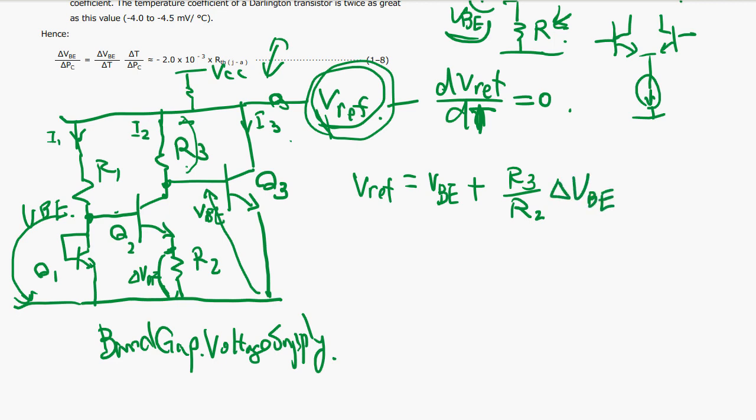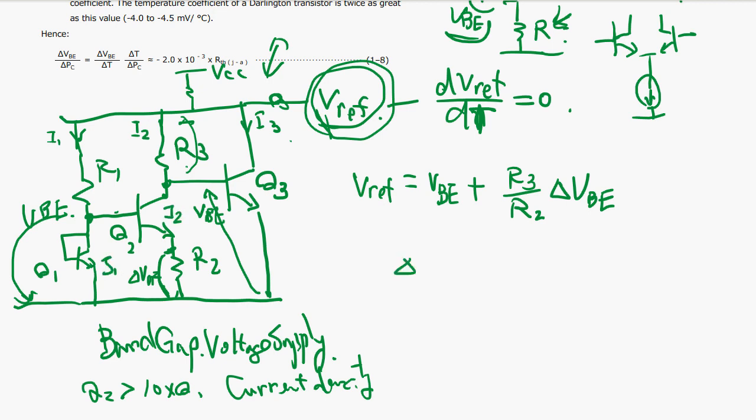And what is this delta VBE? It's the same current. How come this has the delta VBE? Well, the size of the transistor is different. Say Q2 is 10 times larger than Q1. So the current density will be much less. So we talk about the current density of these transistors, J1 and J2.